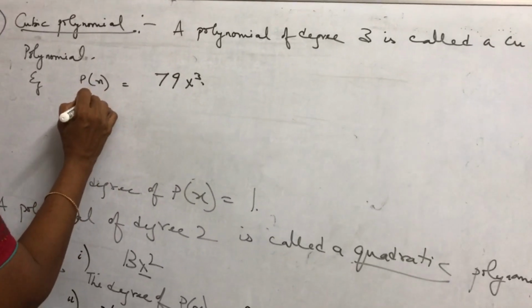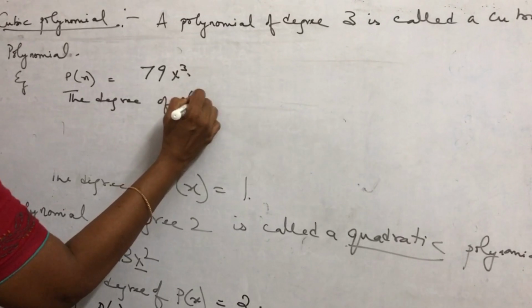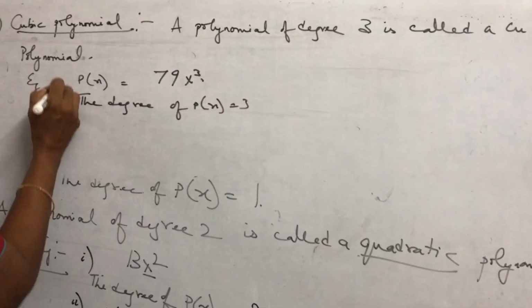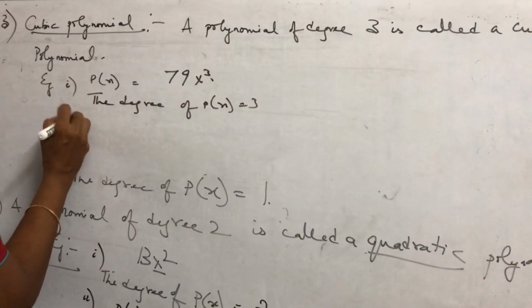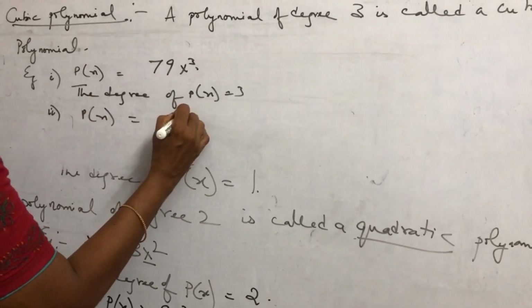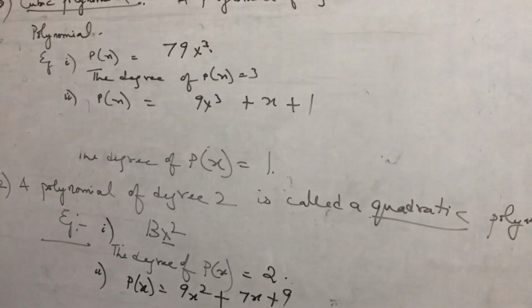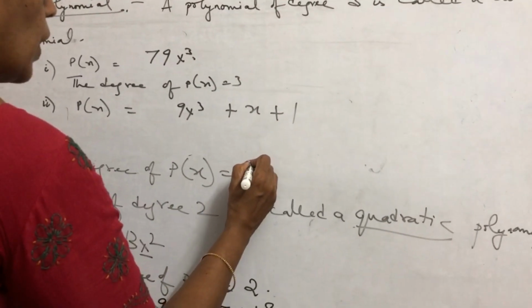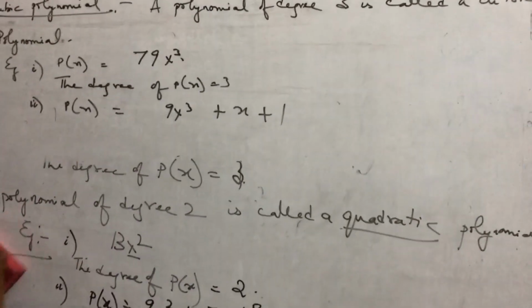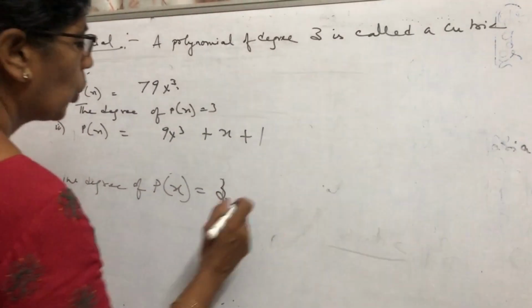The degree of p of x is equal to 3. P of x is equal to 9x cubed plus x plus 1. The degree of p of x is equal to 3. So you call it a cubic polynomial.